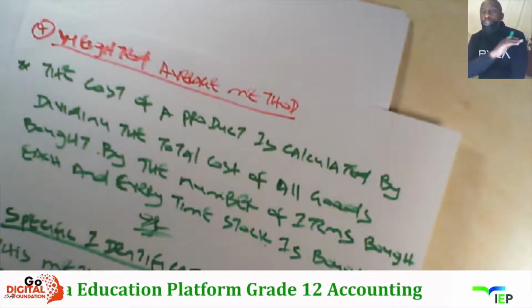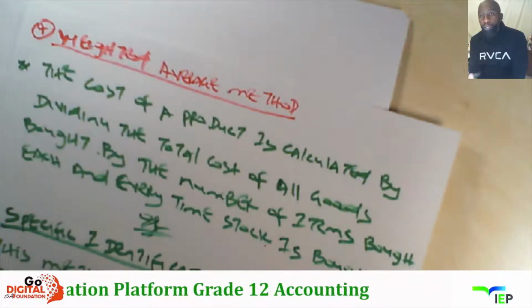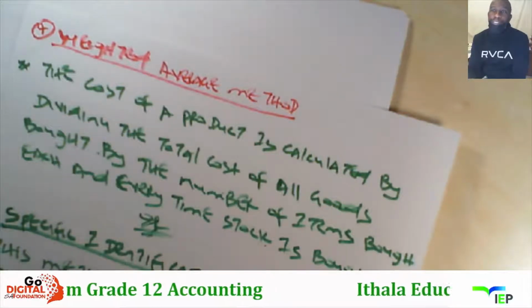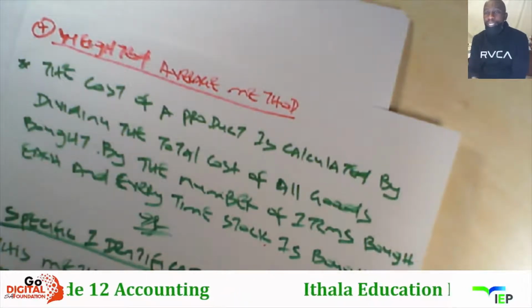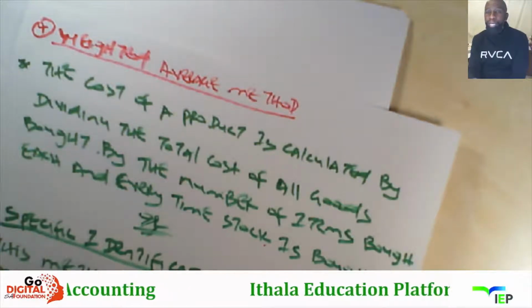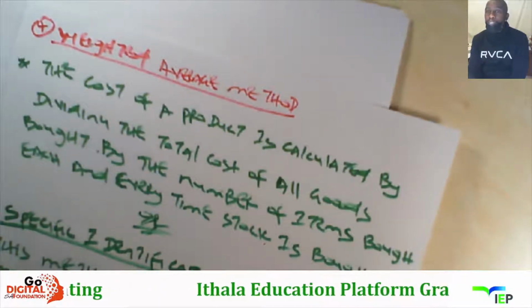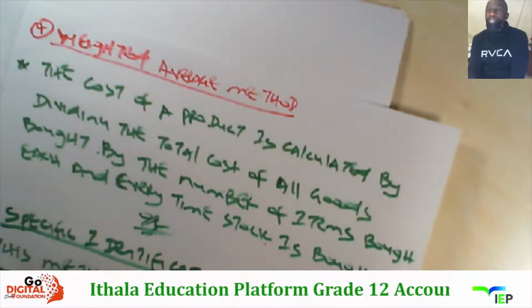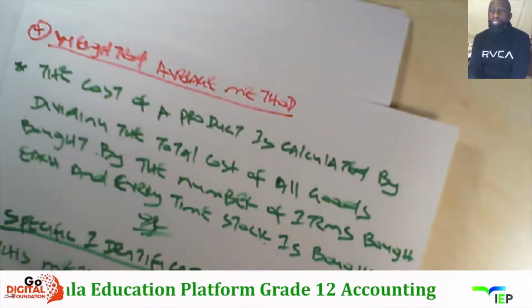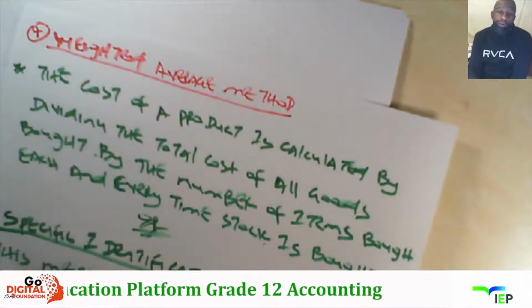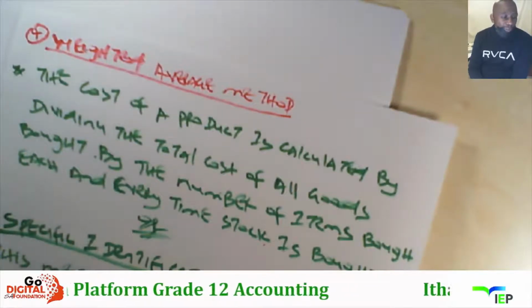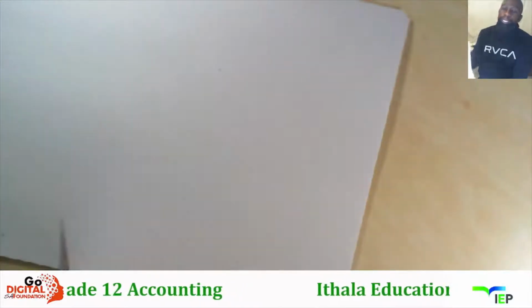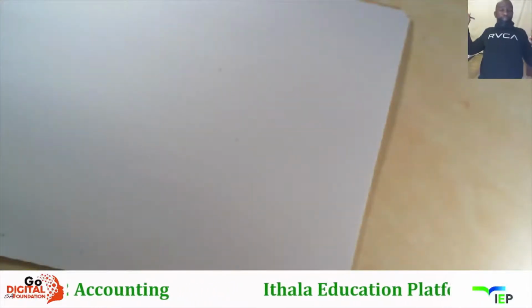So for your numerator, you have to say opening stock plus purchases, import duty, custom duty, carriage on purchases, less any stolen or missing, divided by number of units at the opening plus purchase units less closing, and then times the closing units on hand or unsold.